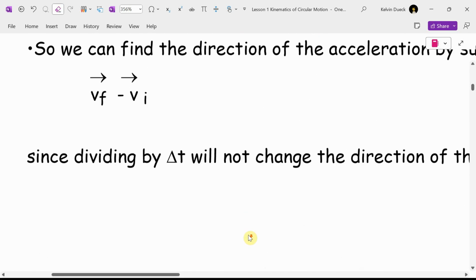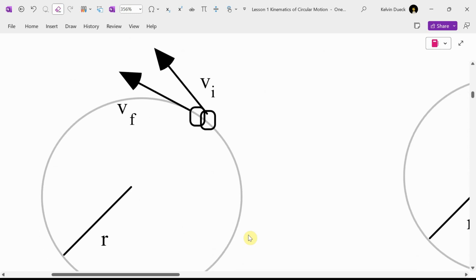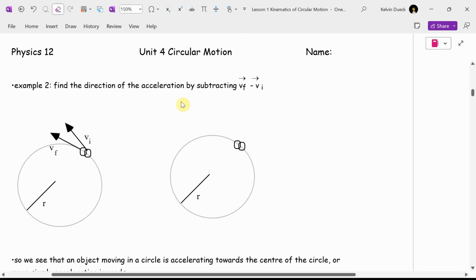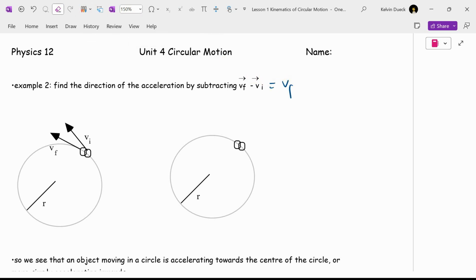Okay, so if I zoom into this picture here, V final is this way, V initial is this way. I'm going to zoom out now so that you can see the whole picture. I'm going to subtract final minus initial. Well, what I'm really going to do is add the opposite. So I'm going to go VF plus the opposite of VI.